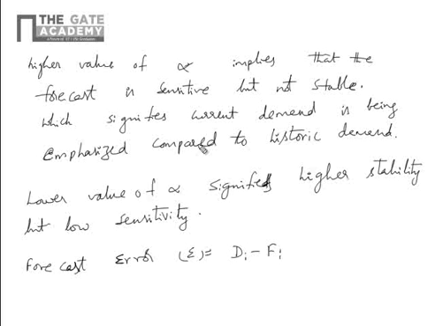Demand of the ith period minus the corresponding forecast gives the difference, that is the error. There are different types of error metrics which we need. One is mean forecast error.